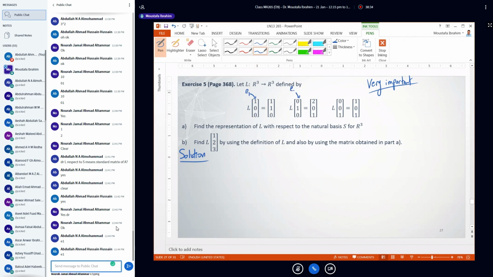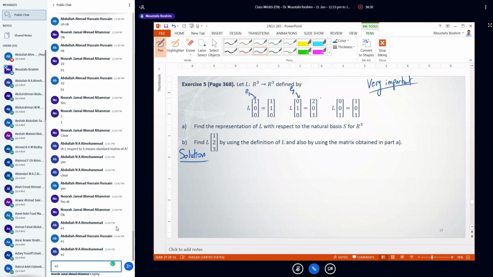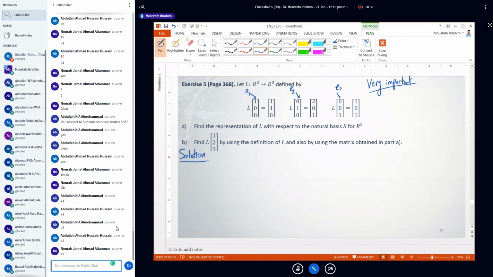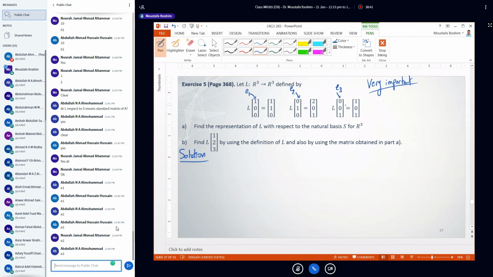Then (0,1,0) is the second component of the standard basis, and here the third component of the basis. So you see, I have L(E1), this one is L(E1), this one L(E2), this one L(E3), correct? Find the representation of L with respect to the natural basis.